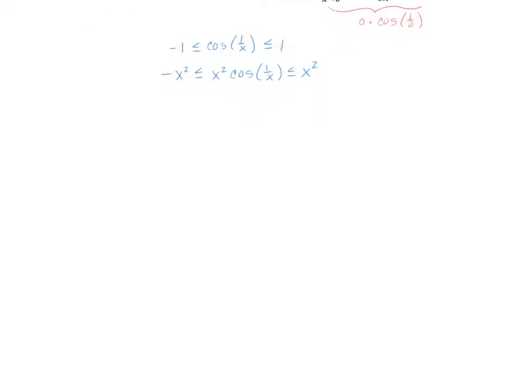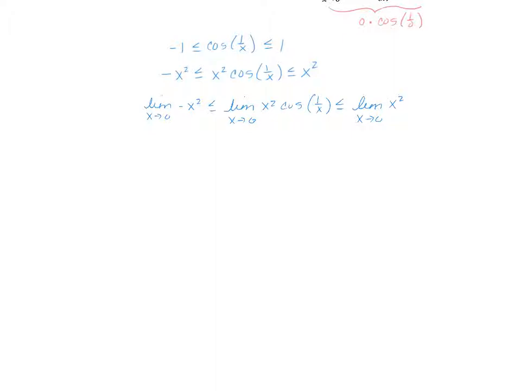So we're supposed to be taking the limit as x goes to 0, so I'll do that on all three pieces. So the limit as x goes to 0 of negative x squared is less than or equal to the limit as x goes to 0 of x squared times cosine of 1 over x, which is less than or equal to the limit as x goes to 0 of x squared.